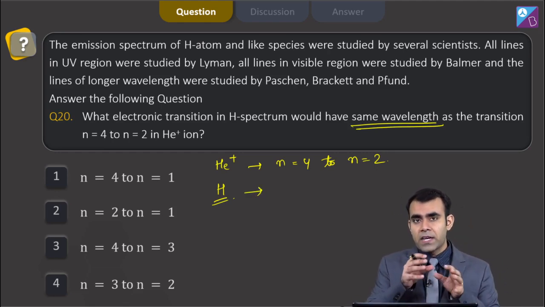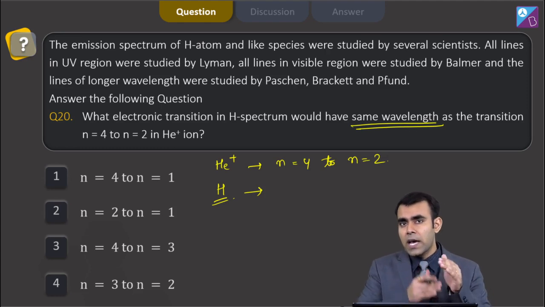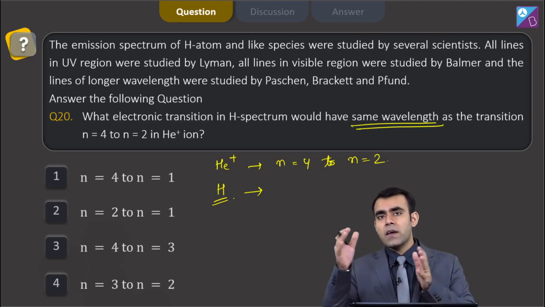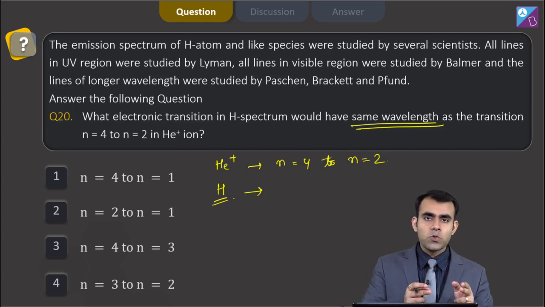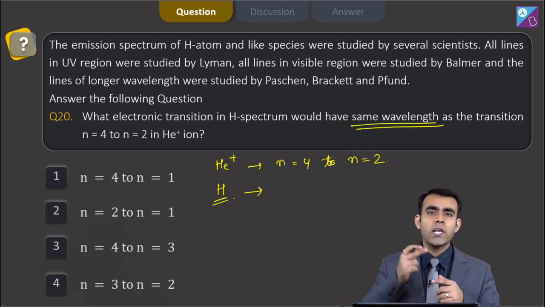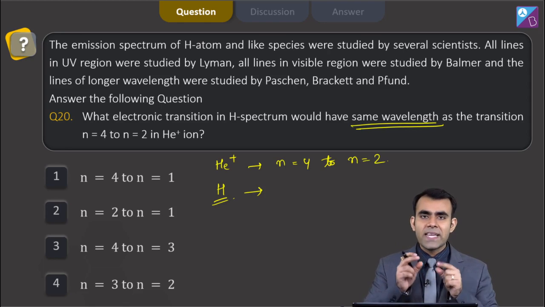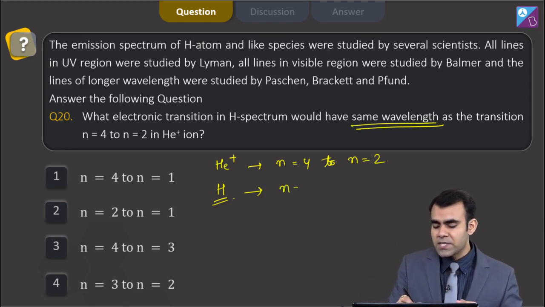When giving a transition in hydrogen we multiply for the other ions, but if the other ion is given and I want to calculate for hydrogen, then you have to divide by that Z. So this becomes n equal to 2 to n equal to 1.